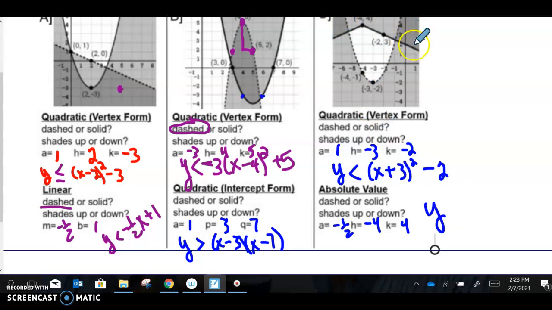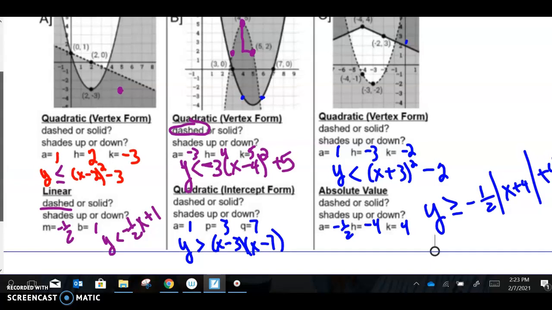Looking at the doubly shaded region, it looks like I'm shading above my absolute value. So it's greater than or equal to -0.5 times the absolute value of x plus 4, plus 4. That gives me a vertex of -4, 4. Okay, which is what we have.